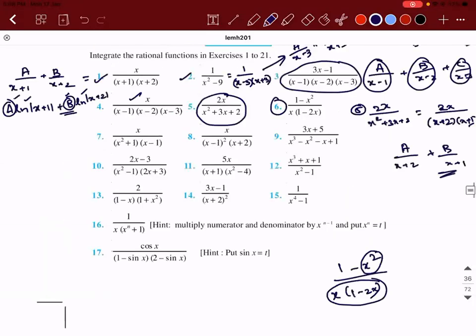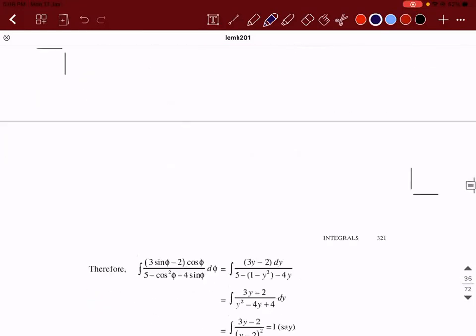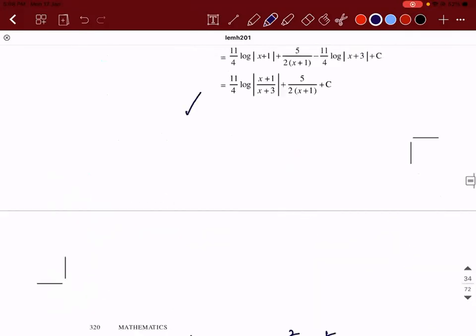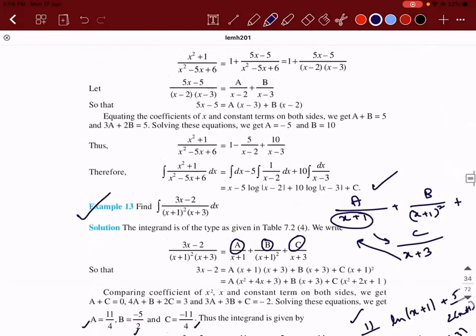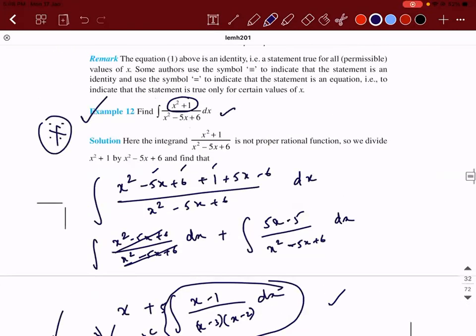So this is a tricky problem. I've already explained a problem where we reduce the numerator: dividend equals divisor into quotient plus remainder. I told you already it is important because the numerator and denominator have the same degree.